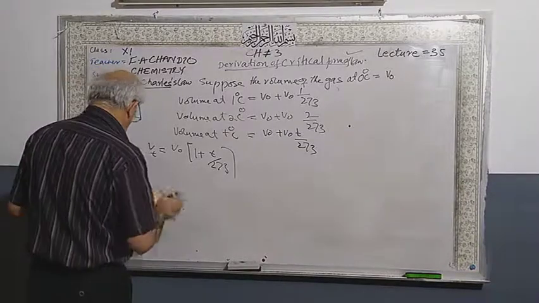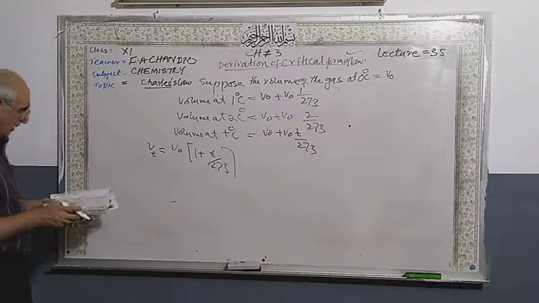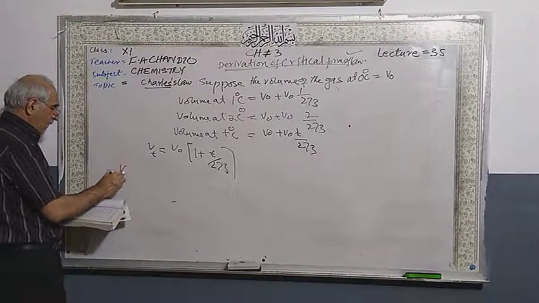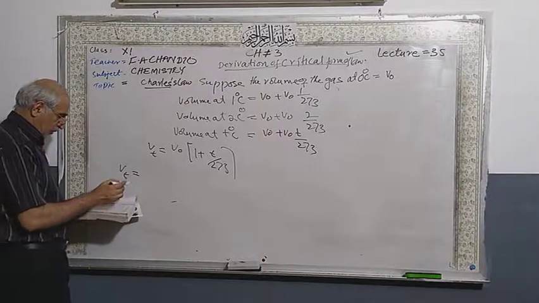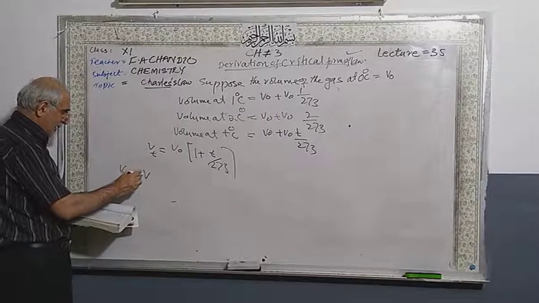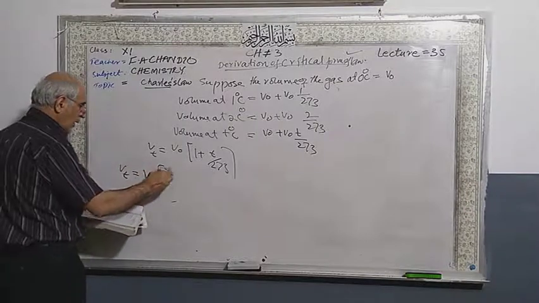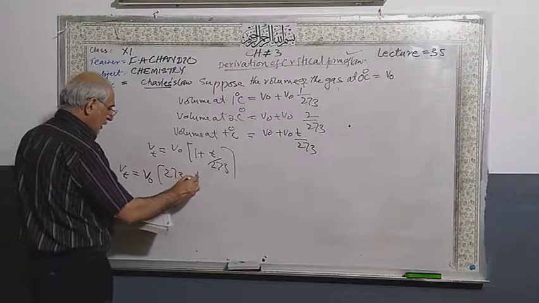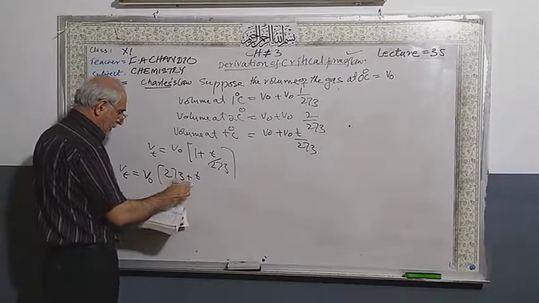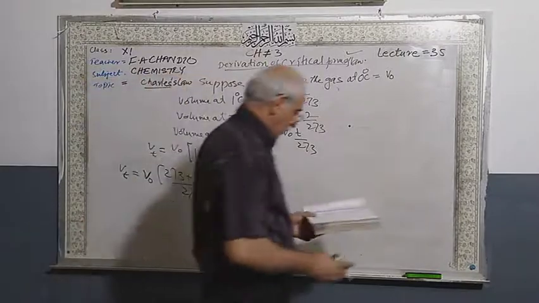So if you take 273 common, then the volume at a certain temperature is equal to V naught times (273 plus T) divided by 273.